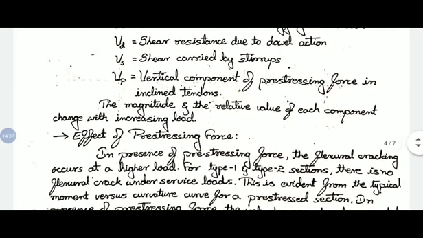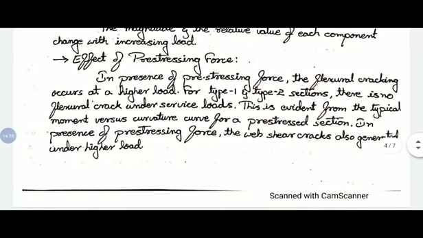So next, effect of pre-stressing force. Now for the normal RCC beam, if you apply the pre-stressing force, how does it behave? In the presence of pre-stressing force, the flexural cracking occurs at a higher load. For type 1 and type 2 sections, there is no flexural crack under service loads because we are designing these within the limits of cracks.